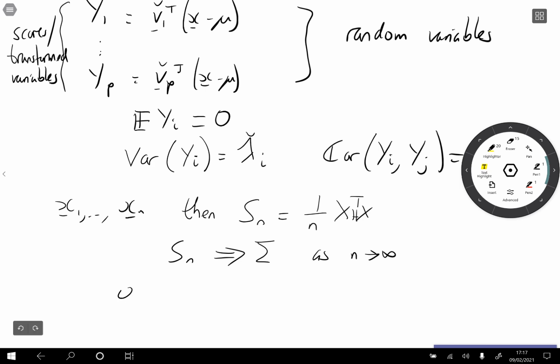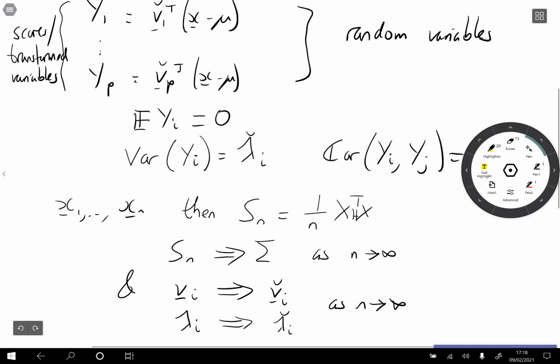And consequently, we're going to find that the estimated principal components, the v hat i, are going to converge to the eigenvectors or the principal components of sigma, and the estimated eigenvalues lambda hat j are going to converge to lambda j, all as n goes to infinity.